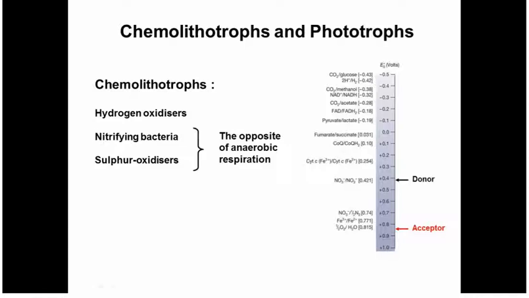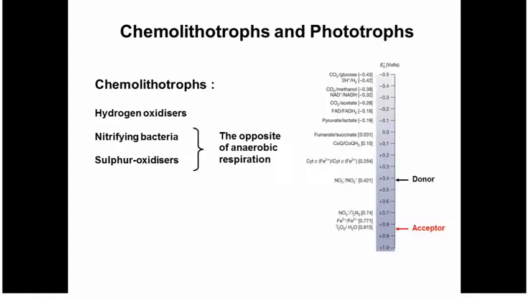So here, the reduced forms of nitrogen or sulfur will be the electron donors, and that can only work if they have a really good electron acceptor. So that's going to be oxygen, mostly. Okay, so in anaerobic respiration, nitrate and sulfate can be the electron acceptor.